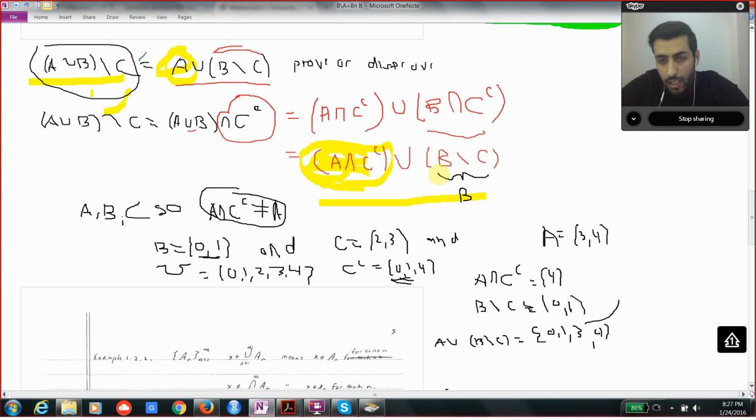It's all the things that are in B and not in C. That's right. So X is in B and X is not in C. Okay.